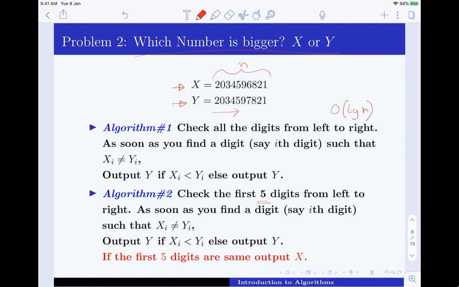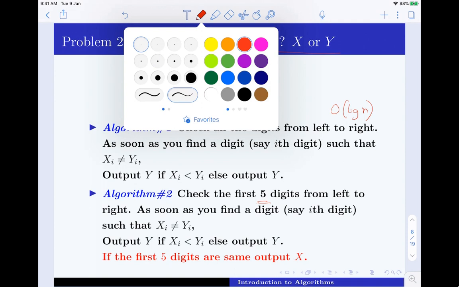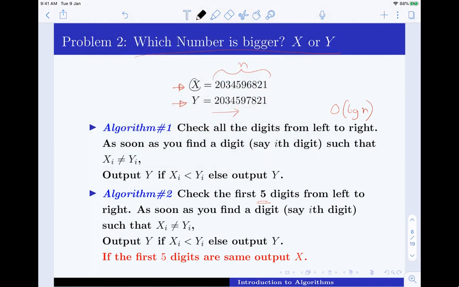Now, you can very well understand that in this particular example, this function will possibly give you the right answer, but if I had exchanged them, writing this one as y and this one as x, my algorithm would have given a wrong answer.